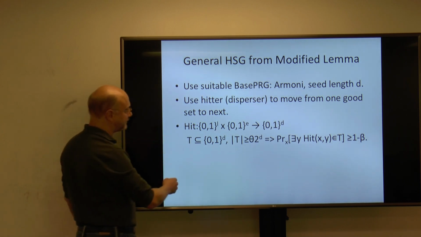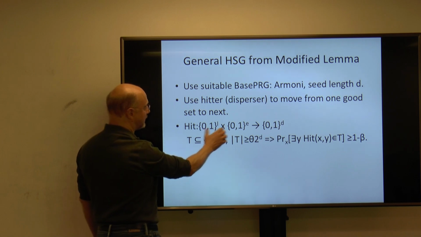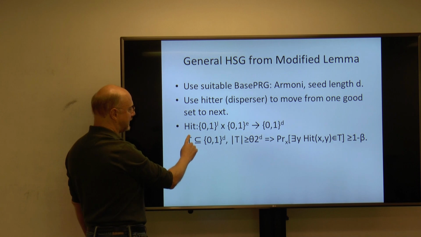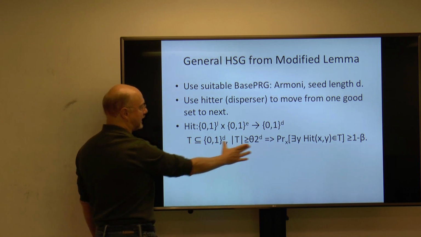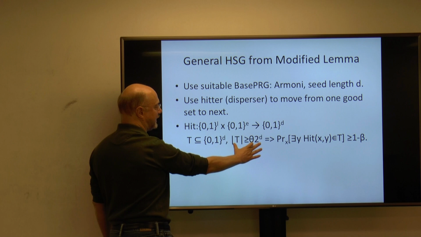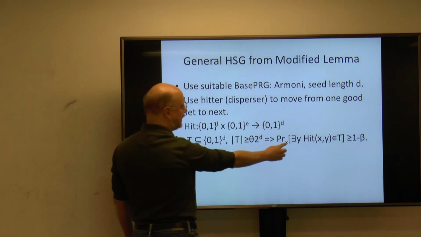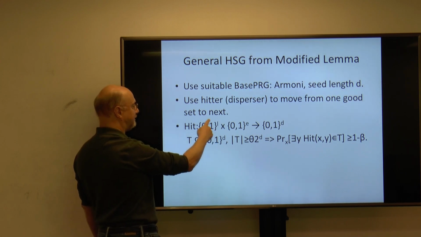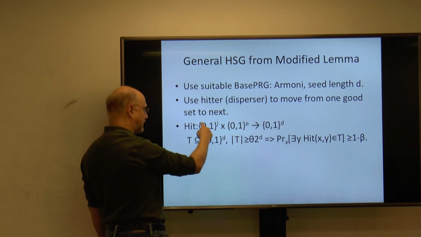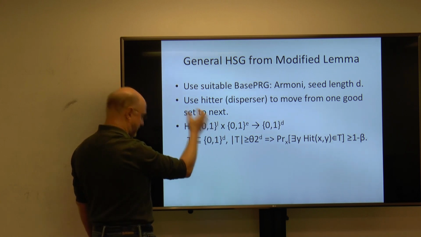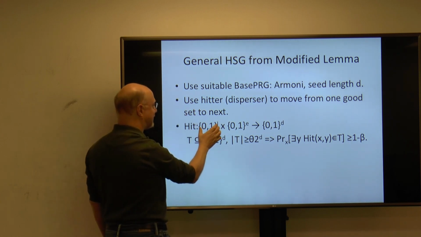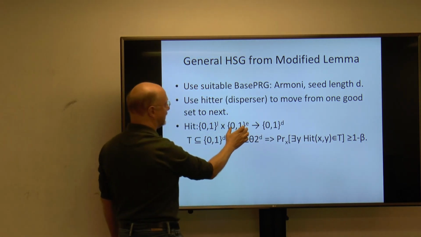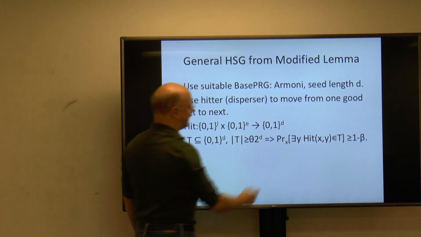Here's the definition. So it has two inputs and one output. And the idea is that if we have any set of outputs that has some density, say theta, then the probability that if we choose the first part of the input randomly, the probability that there exists something in the second input that hits it is very high.